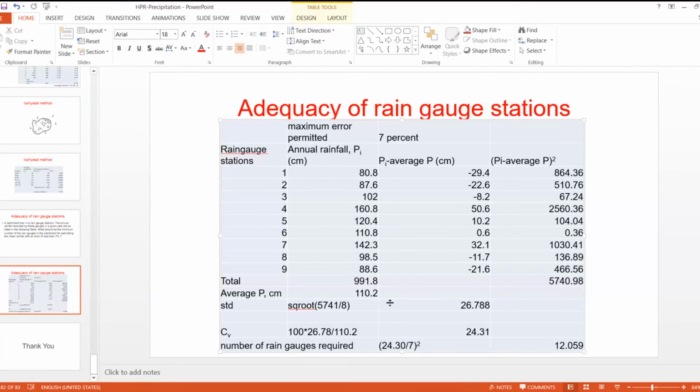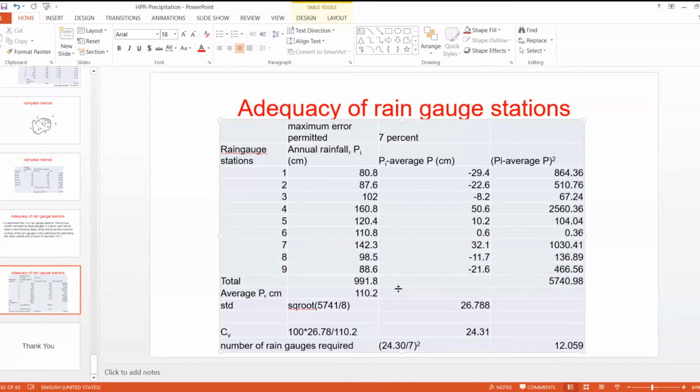Because right now the average rainfall is 110.2, whereas the minimum rainfall in the catchment, at location 1, is 80.8. So you can see that the variation is around 30%. Therefore the number of rain gauges is less.